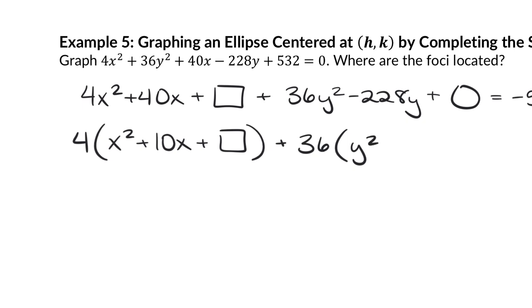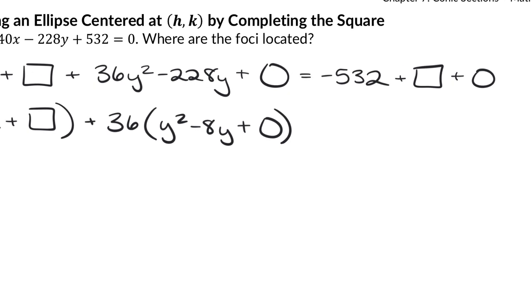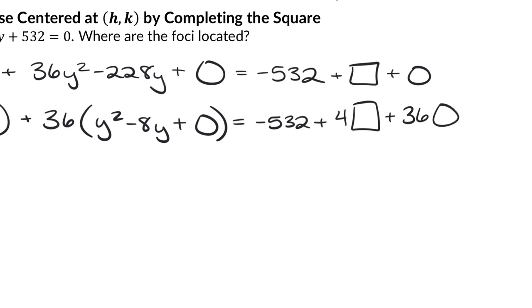This ends up being y squared minus 8y plus another mystery number, all equal to that negative 532 plus, and this is important, the number you factored out, 4, times the first mystery number, plus the second number you factored out, multiplied by the mystery number.